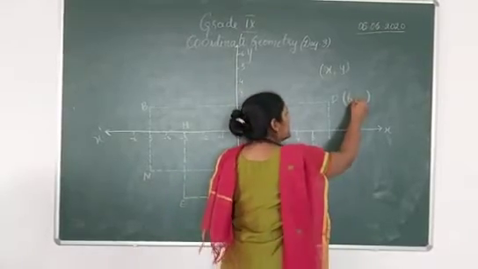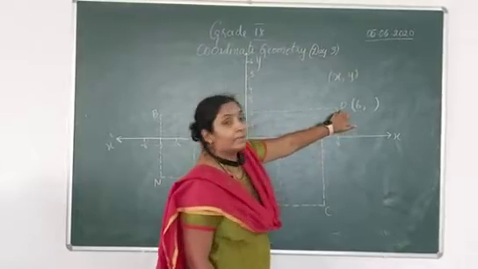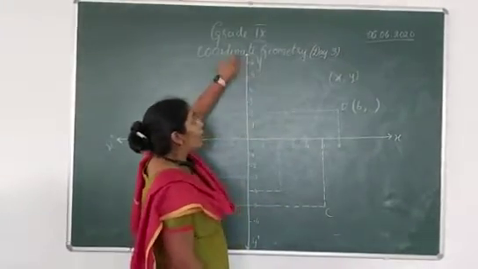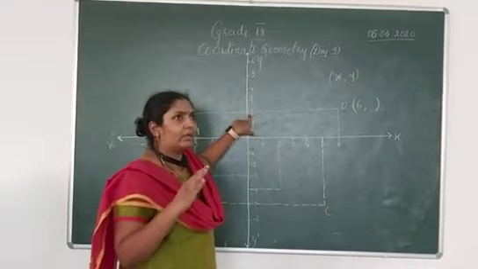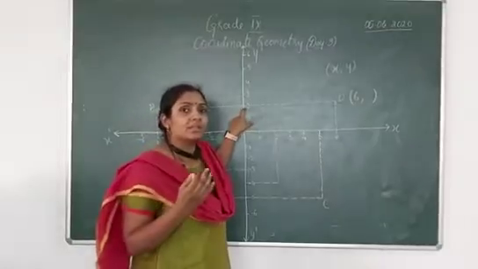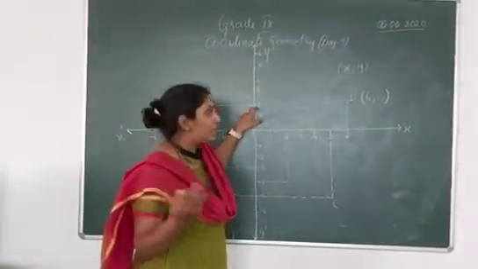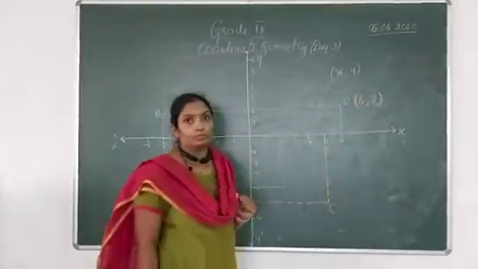So 6 comma, what is the value from the perpendicular drop from D onto the y-axis? It is plus 2. As usual, with integers, we do not write positive integers as plus 1, plus 2, plus 3 and so on. So we will just write 6 comma 2.